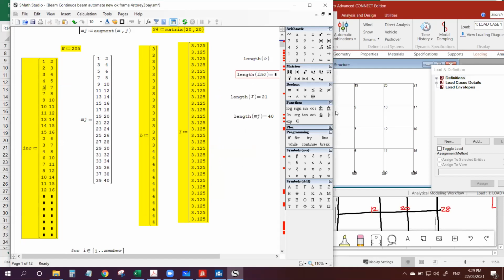1, 2, 3, 4. We have four columns. 1, 2, 3, 4. Okay. 6-7.